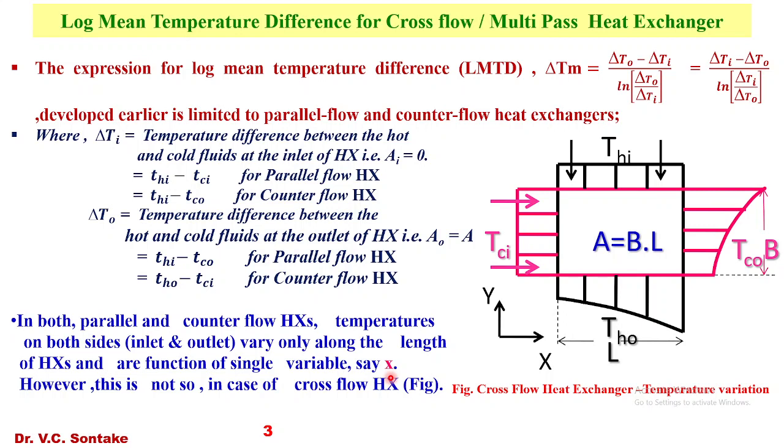It is not varying in the direction perpendicular to the single direction. However, this is not the case for cross flow heat exchanger as shown in figure, where temperatures of both hot and cold fluids are varying along the x and y direction both.